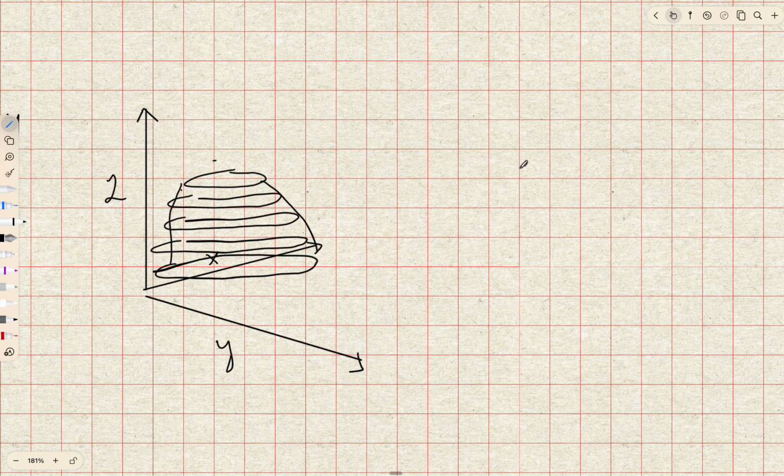We now try to draw them in our two-dimensional space. Basically, we are looking at this function from the top, and what we get are these contour lines.